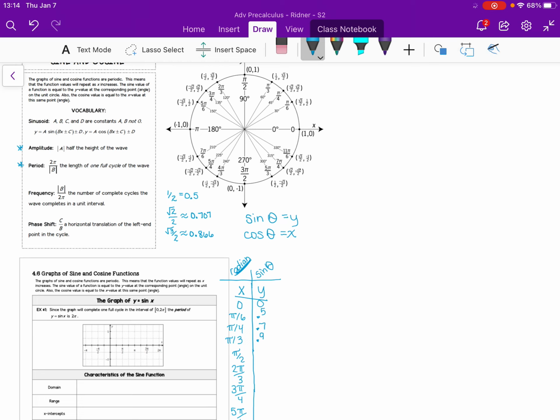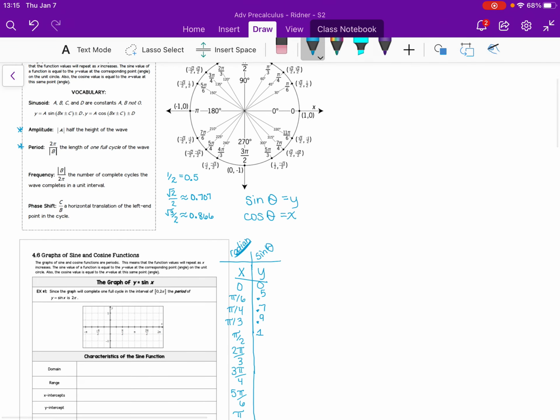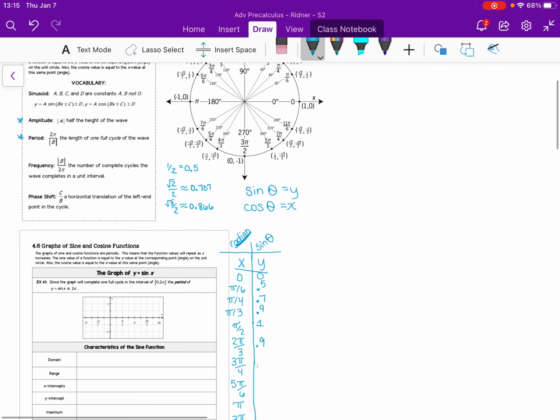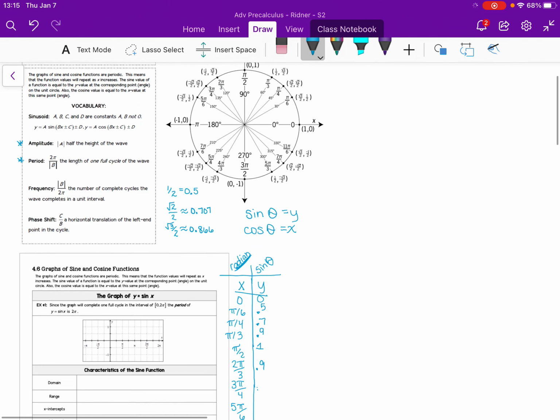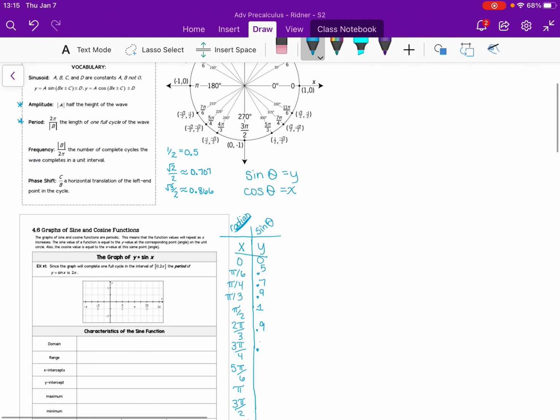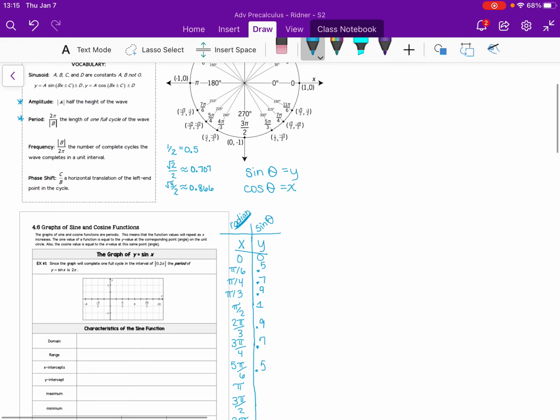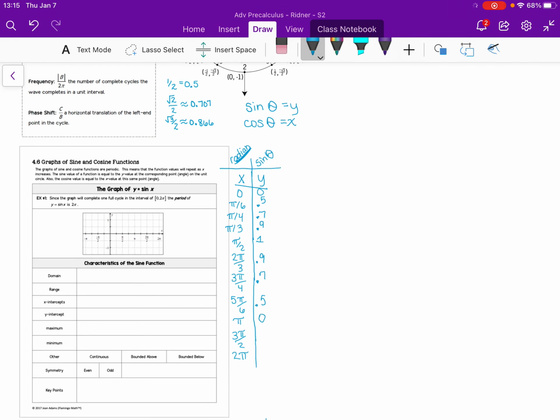The y value here is 1. Then notice it starts going back down. So 0.9, 0.7, 0.5, and then back to 0.